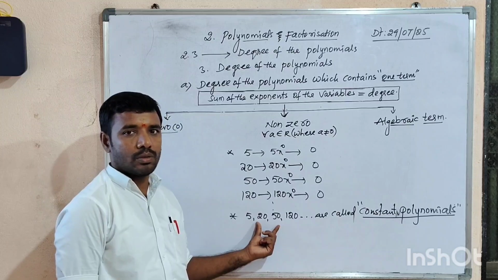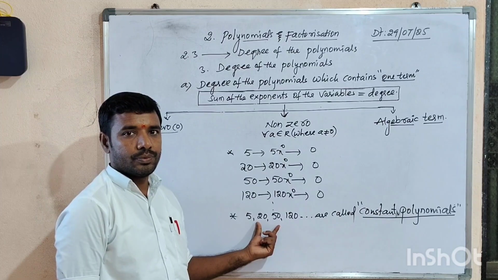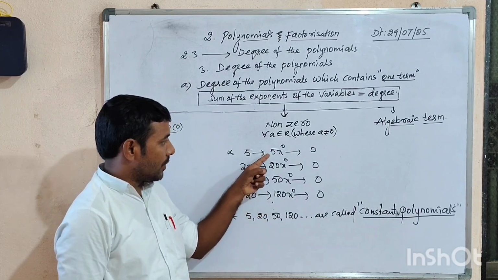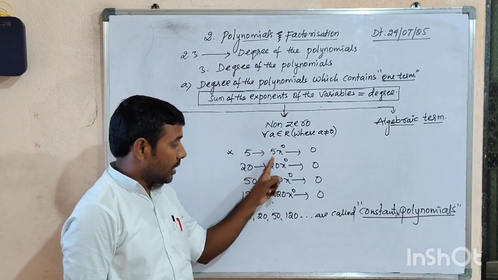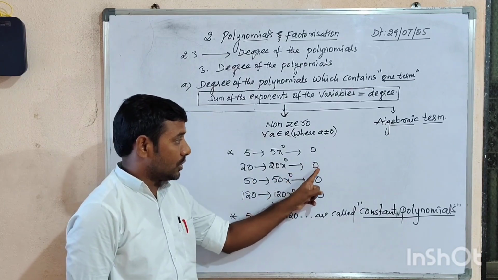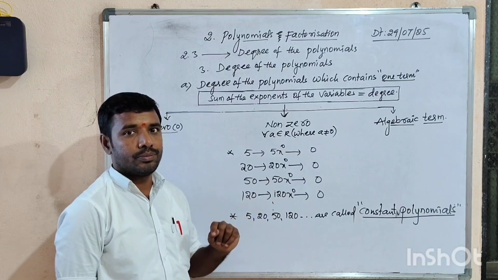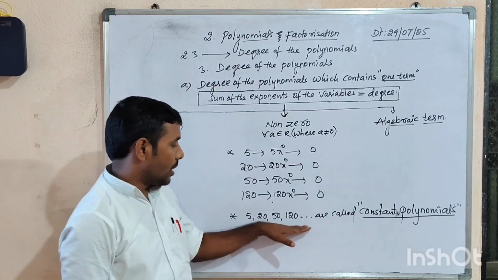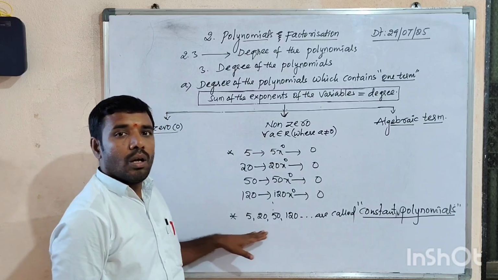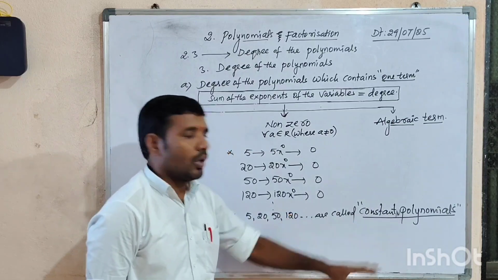Constant figures only, no? Those constant figures are converted to algebraic expressions, and after converting, there is a chance to answer the degree. Yes or no? Yes. So these are called constant polynomials.